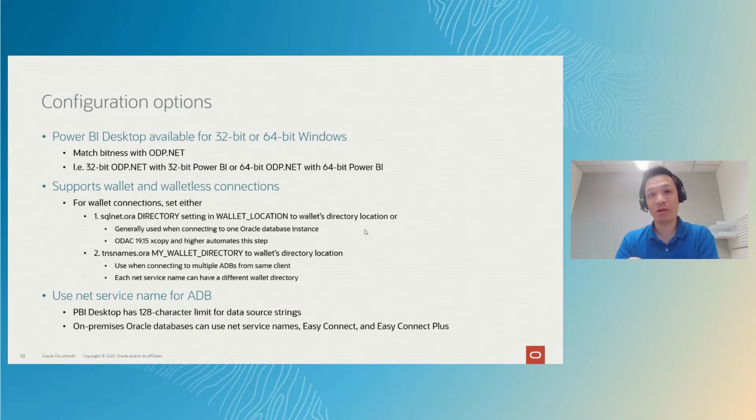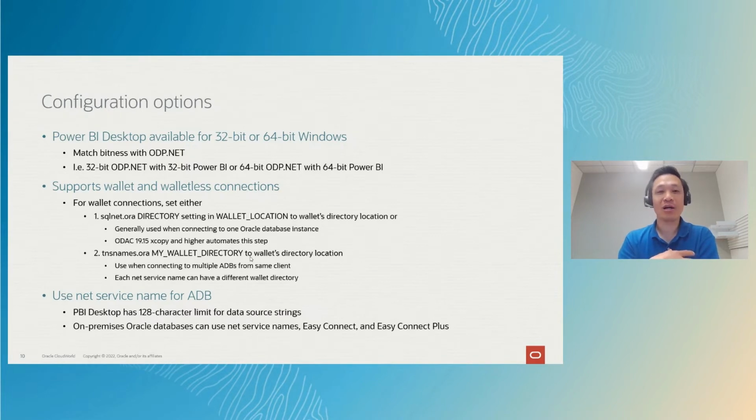Now, if you have more than one autonomous database that you want to connect to, what most developers tend to do is they customize each net service name to point to the wallet they want to use instead of putting that in the sqlnet.ora. So in the tnsnames.ora, you can create a my_wallet_directory and set that to the wallet location for each autonomous database you want to connect to.